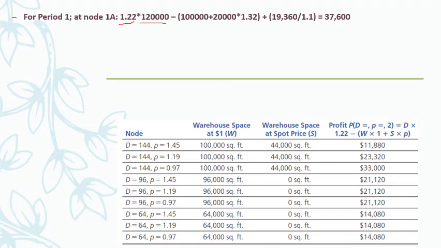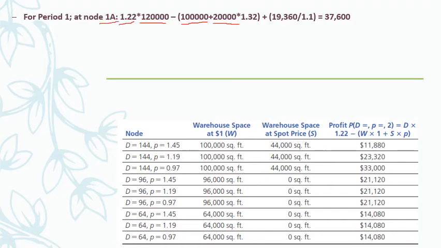How much am I incurring? 1 lakh up to 1 lakh square feet, plus 20,000 at the prevailing market price. What is the market price at node 1A? 1.32. Put that, and plus 19,360. How did I get that 19,360? I have to consider all those nodes to which node 1A is connected.